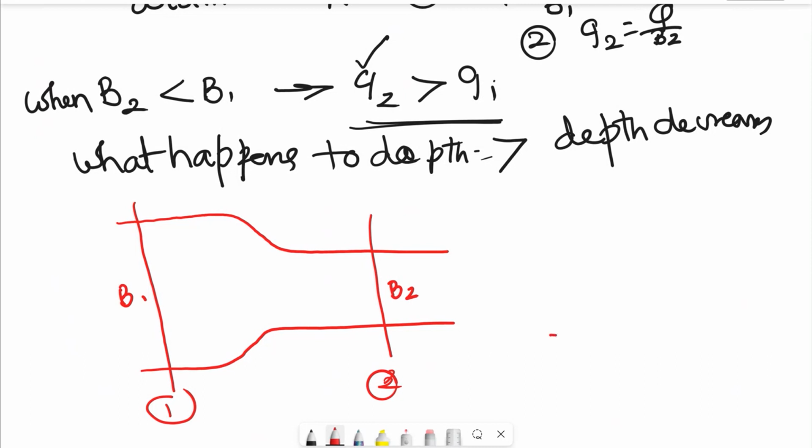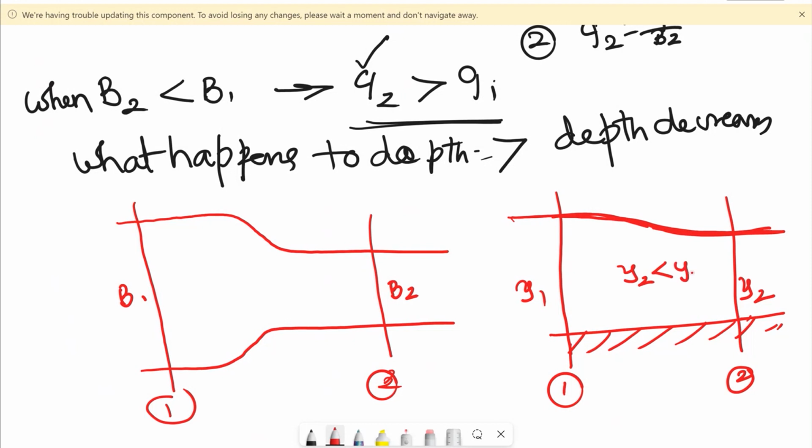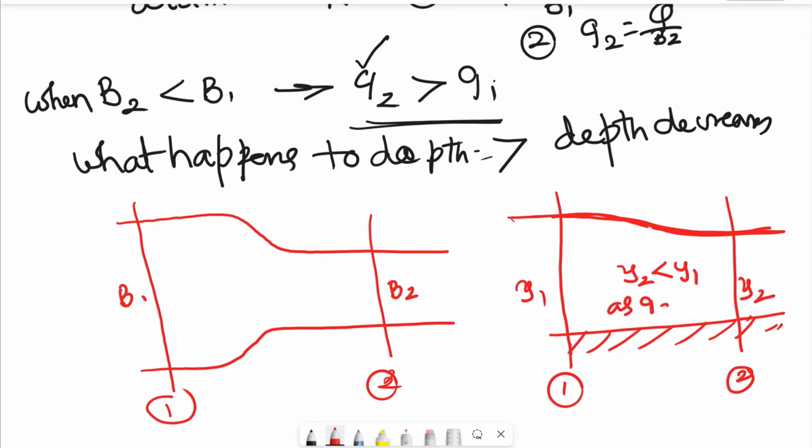Now if I see how the water level will appear, initially it will be like this. At section 1, it is Y1. At section 2, it will be Y2. Y2 is less than Y1 as q2 is greater than q1. This is how it looks.